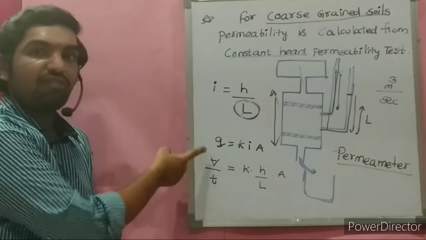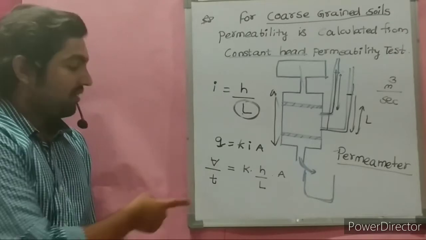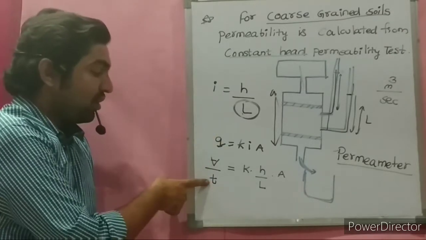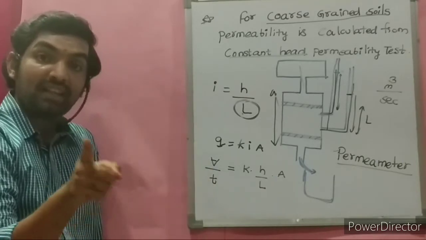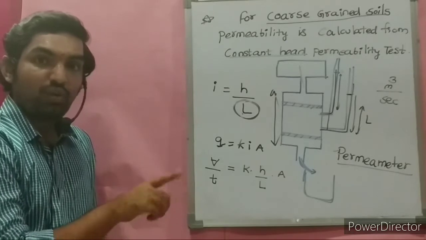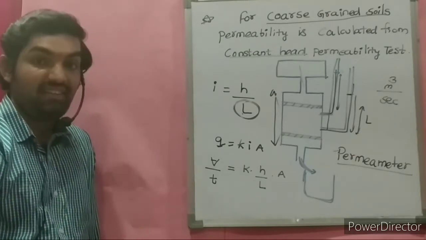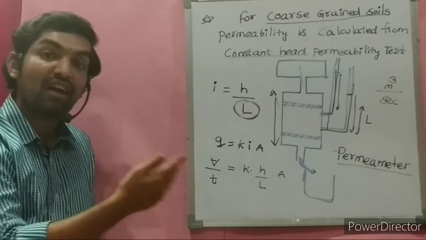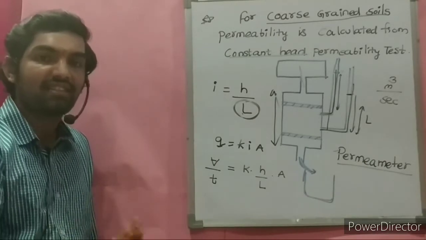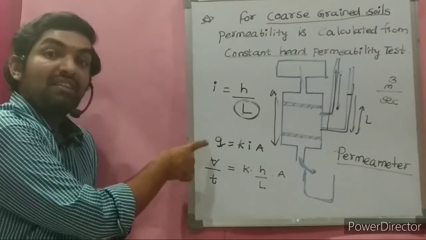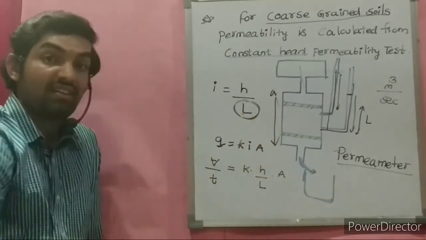You see the beauty of the equation. The equation describes what it is. In unit time, here unit time does not mean time is equal to 1. Unit means it can be any quantity. Time can be 1 second, 2 seconds, 5 seconds, 10 seconds, 60 seconds. In unit time, how much water is collected in this measuring jar?